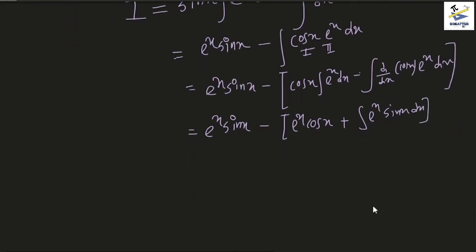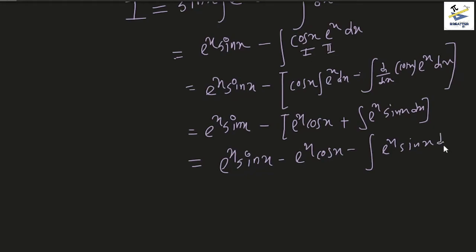And if you take it away from the bracket, what we get is e to the power x sin x minus e to the power x cos x minus the integral of e to the power x sin x dx. But notice that this is the integral that we started with, right?